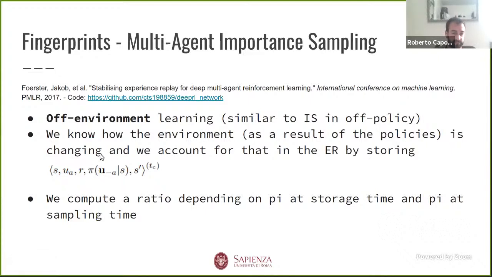So this is the probability distribution over the set of actions to be executed given the state that is stored in the experience replay. And then if we have this information, we can compute a ratio that depends on the pi at storage time and the policy, also the probability distribution at sampling time. And this basically tells us how much things are changing.